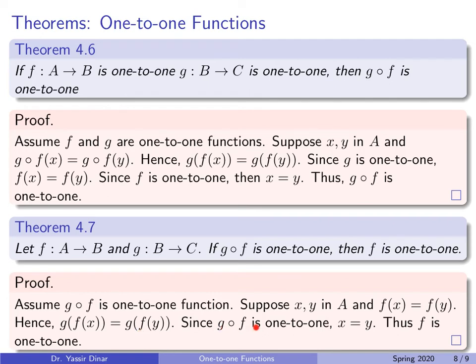But now g circle f is 1 to 1, which means that since the images for x and y are equal, it means that x is equal to y, and that means f is a 1 to 1 function.